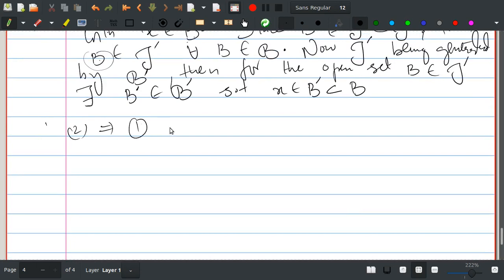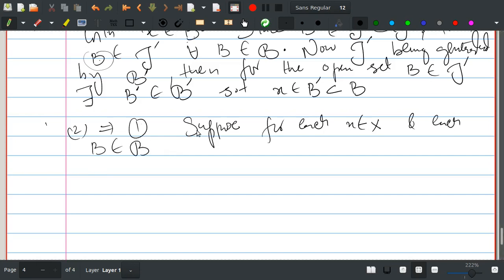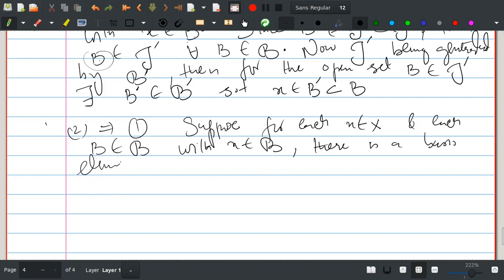So suppose for each x in X and each b in B with x in b, there is a basis element b prime in B prime such that x belongs to b prime and b prime is contained in b.